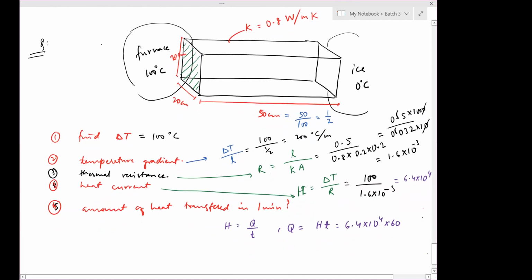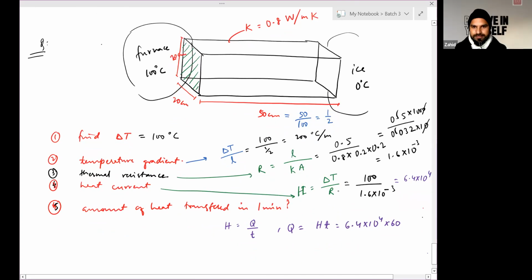Sir, how did you get the fourth answer? We have temperature difference as 100 and thermal resistance, which we calculated as 500 divided by 32.